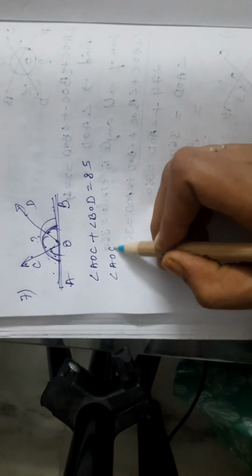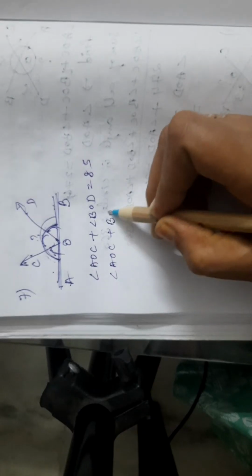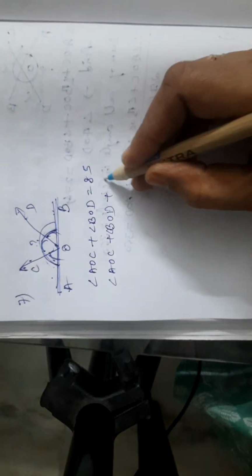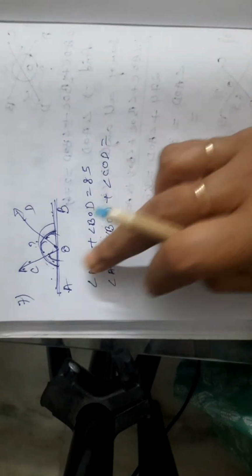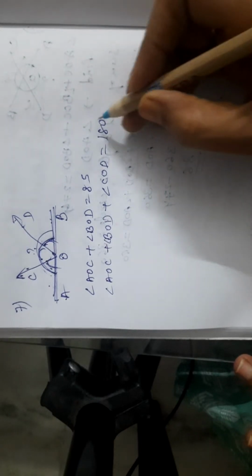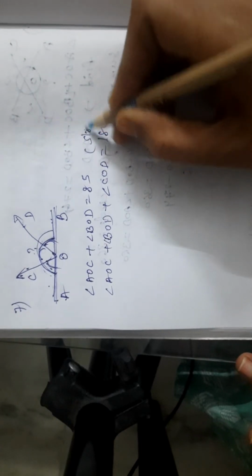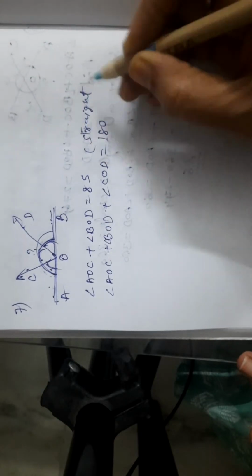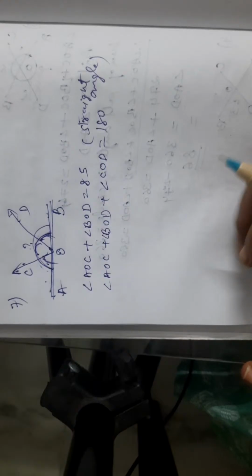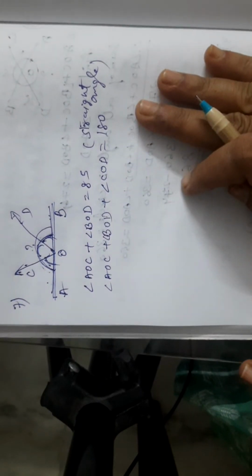So AOC plus BOD plus COD, all the three angles, is 180. And we write the statement: straight angle. If only two angles are there, we call it a linear pair. As a total of three angles are there, we call it a straight angle.